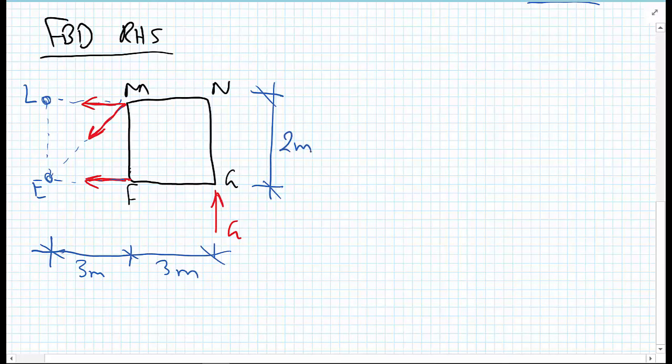Okay, so now with that free body diagram on the left hand side, we can just perform rigid body equilibrium to try and calculate the forces on that system. So let's even label this. That is FLM, this is FEM, and this is FEF.